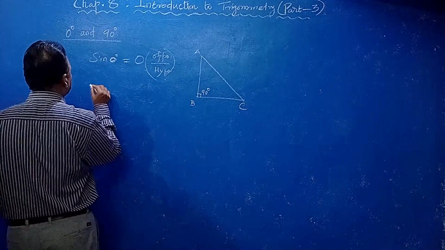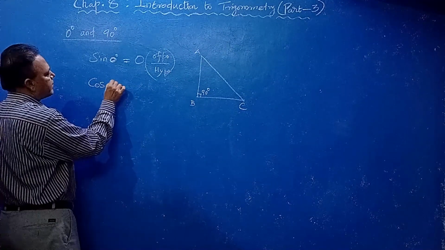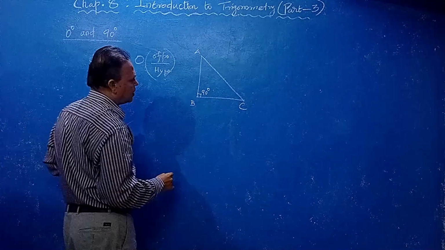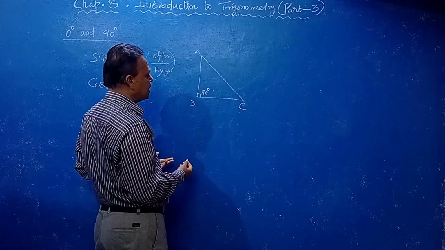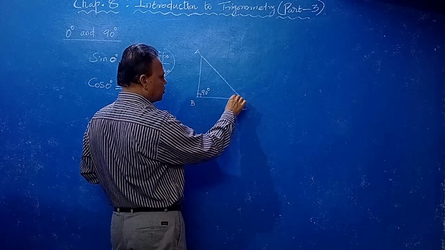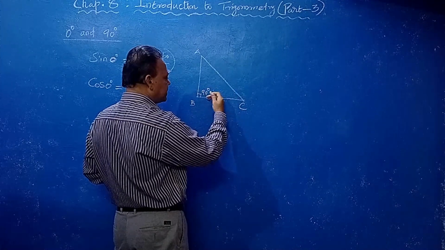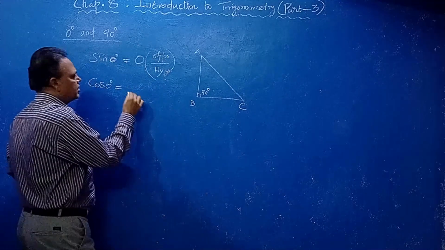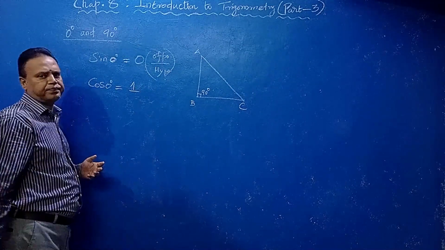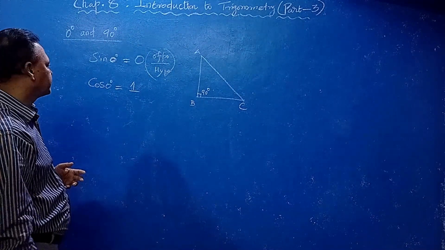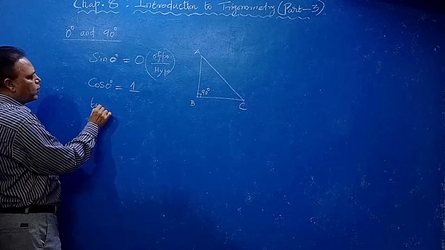Now cos 0. Cos 0 degree is what? Just think yourself. The perpendicular will be 0, which means the hypotenuse side will coincide with the base, so BC by BC, that is 1. Understand? Now tan 0.